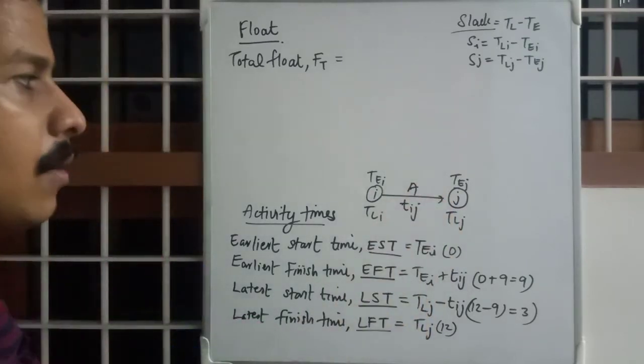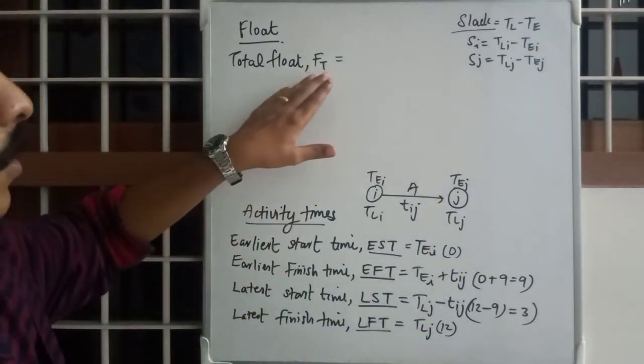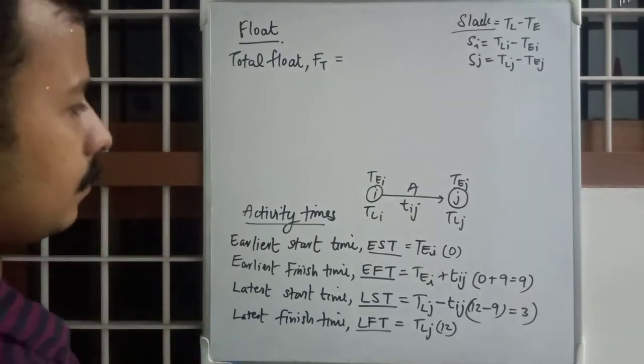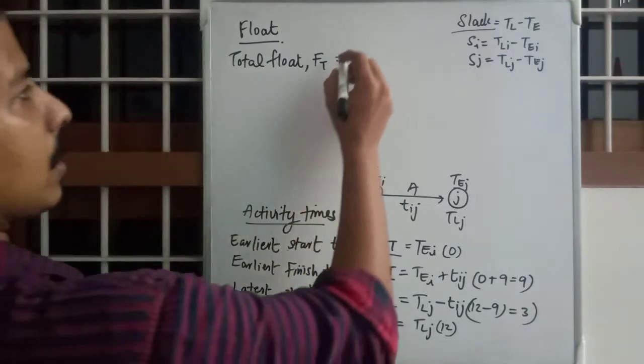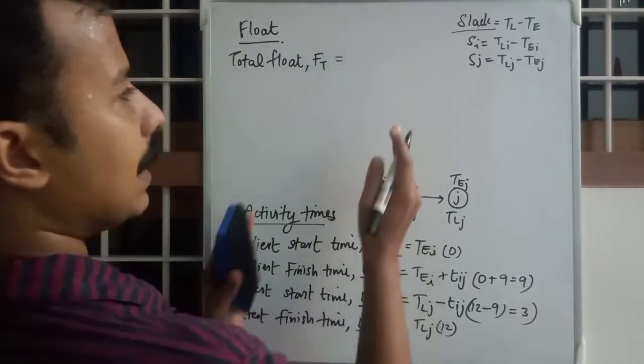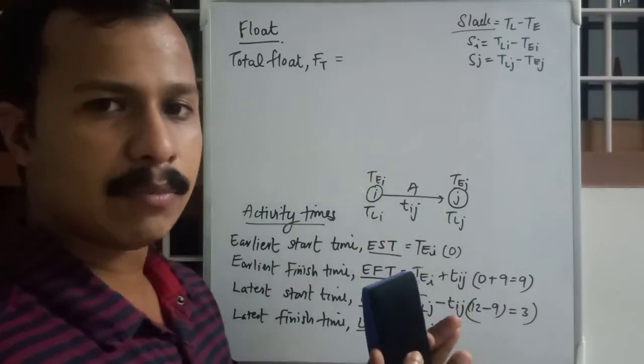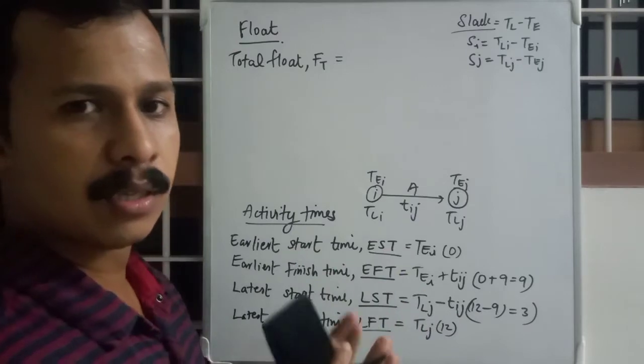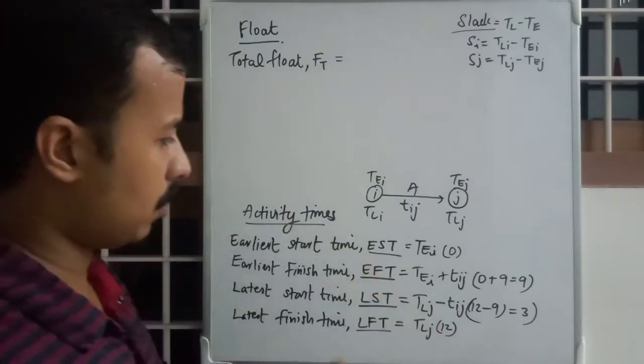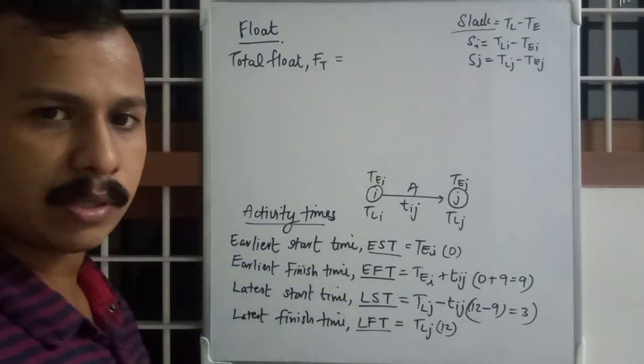Okay, total float is calculated by the difference between any two start times or two finish times of the activity.